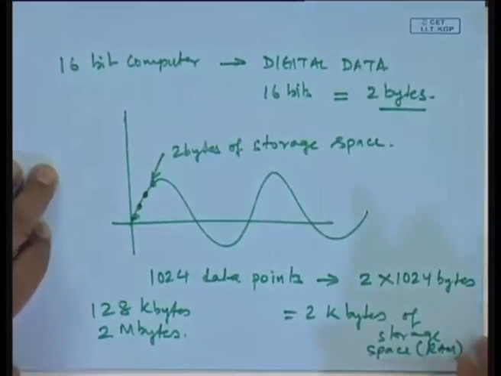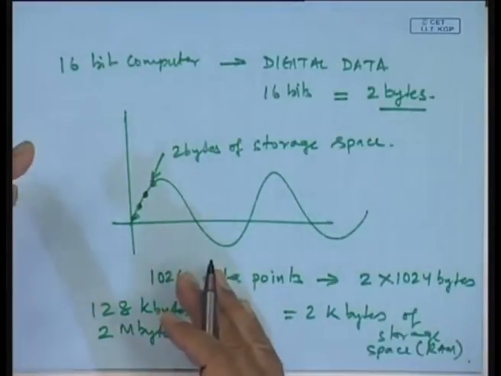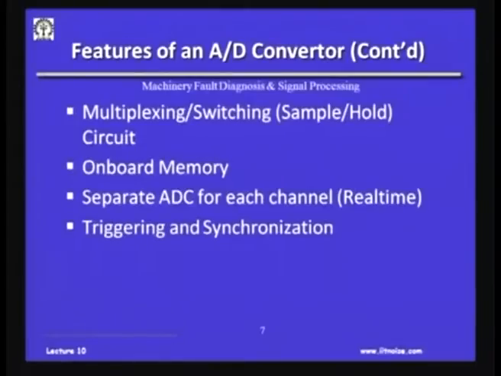So, this is the amount of data which is stored on the memory of the A to D converter, and this data can also be accessed by the CPU of the computer in which this A to D card is placed. Okay, and sometimes on the A to D converters there are also a lot of signal processing chips available nowadays. We will come to that later on, but this is what you need to know.